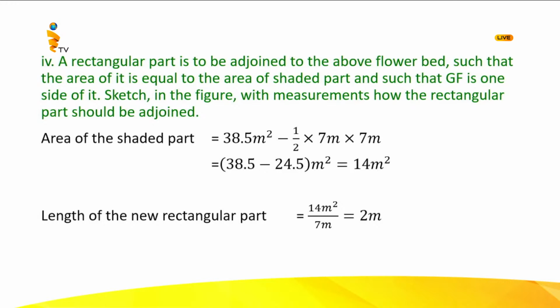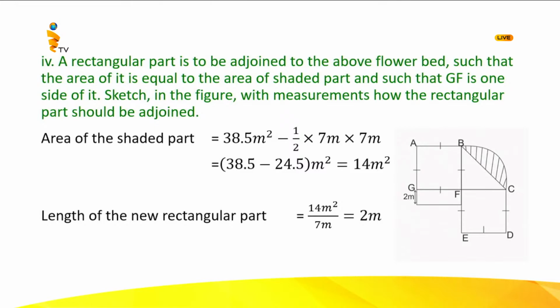So, when you divide 14 square meters by 7 meters, it is equal to 2 meters. So, you have to sketch the diagram like this, and GF is one side of it, and I have written the measurement, the breadth of the new rectangular part is 2 meters.